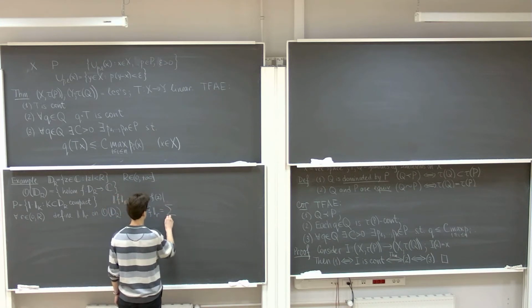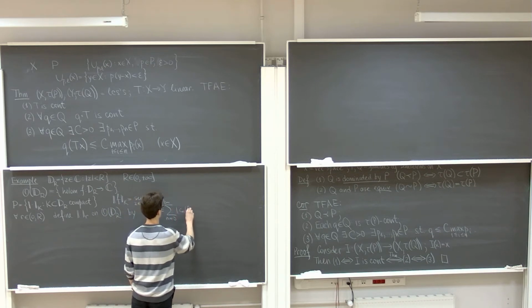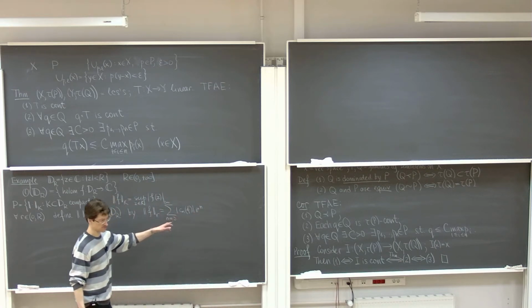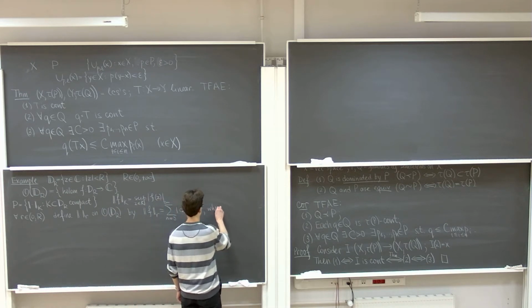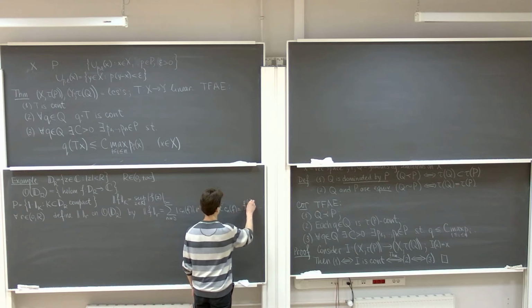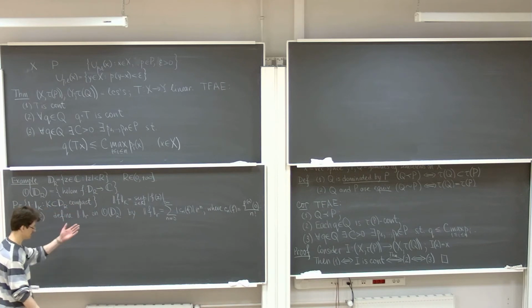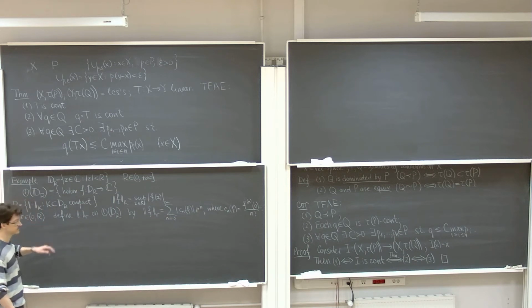This is the sum of the following series, where C_n of f is just the nth Taylor coefficient of f at 0. C_n of f is the nth Taylor coefficient given by the following well-known formula. So it follows from elementary complex analysis that this series indeed converges, because r is strictly smaller than big R.